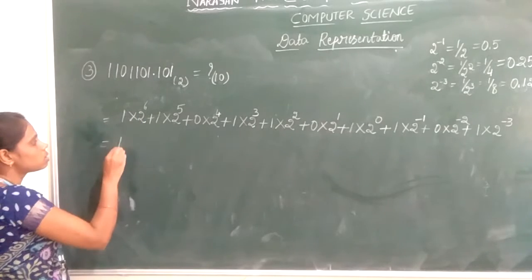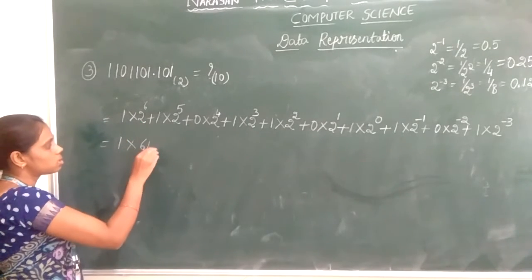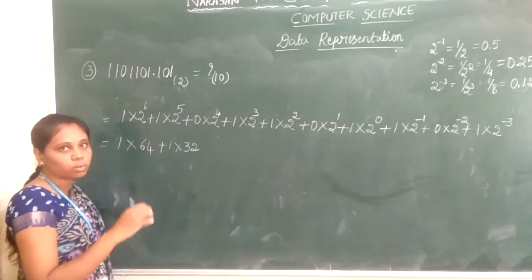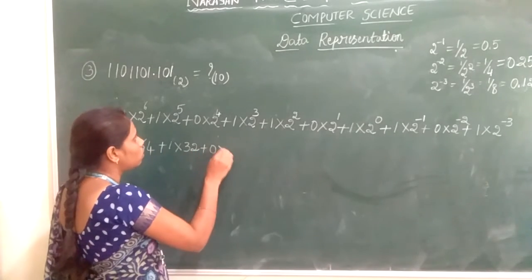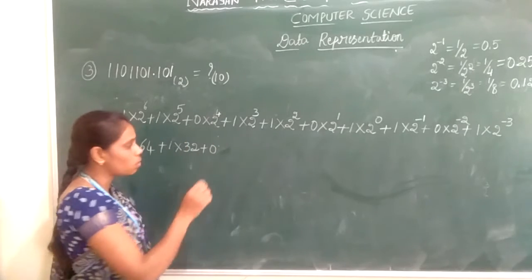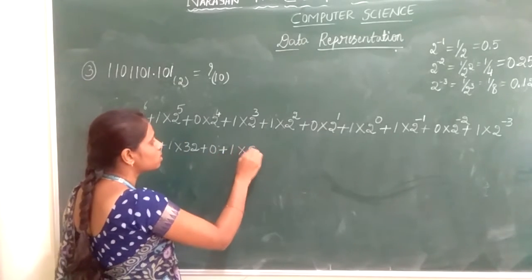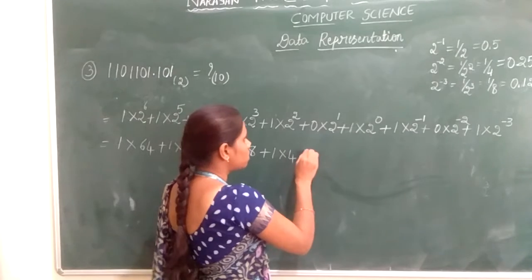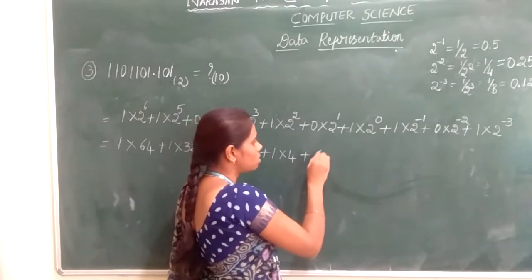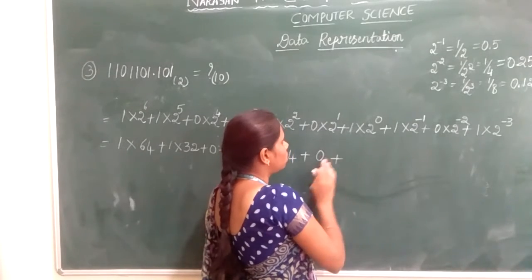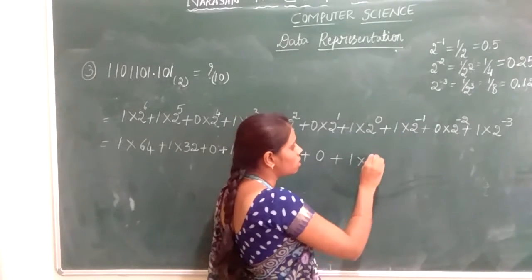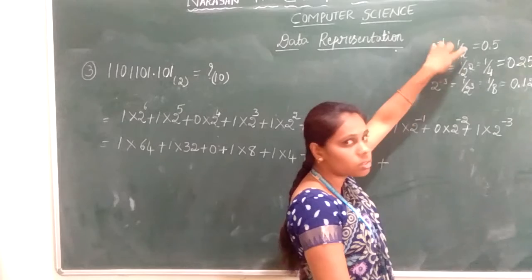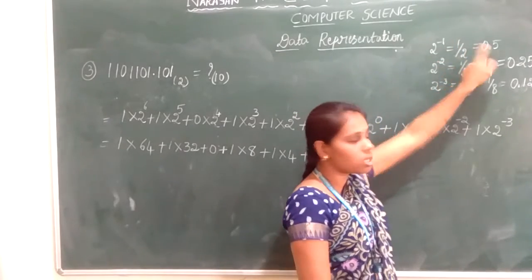Now expand these terms. 1 into 2 power 6 is 64 plus 1 into 2 power 5 is 32, plus 0 into 2 power 4, which becomes 0, plus 1 into 2 cube is 8, plus 1 into 2 power 2 is 4, plus 0 into 2 power 1 is 0, plus 1 into 2 power 0 is 1, plus 1 into 2 power minus 1. 2 power minus 1 can be written as 1 divided by 2, and the value of 1 divided by 2 is 0.5.